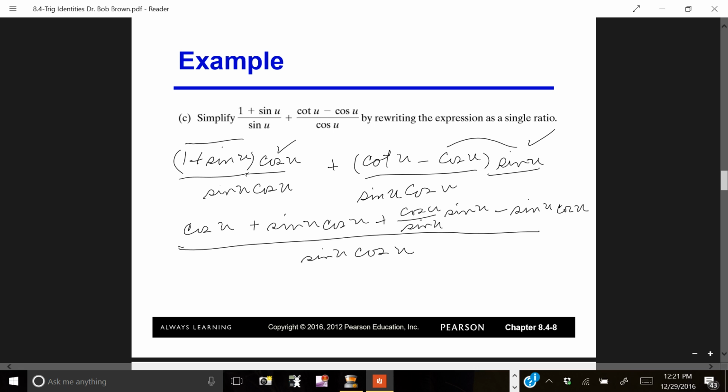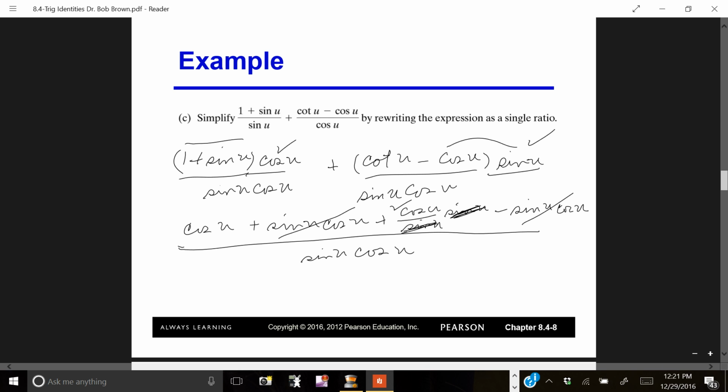And now let's see what kind of simplification we get. We can cancel the sine u here. And notice we get sine u cosine u minus sine u cosine u.